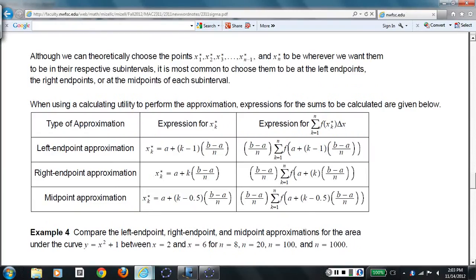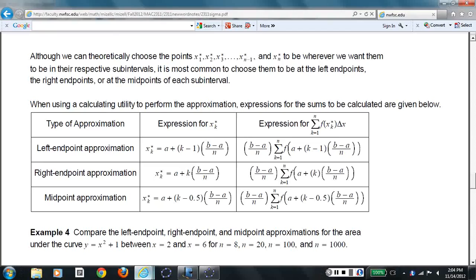We're going to be looking at a way of doing this. We actually have to express this x sub k star in such a way that if we're using a calculating utility, we can tell it what's the value of x sub k star if k equals 1? What's the value of x sub k star if k equals 2?